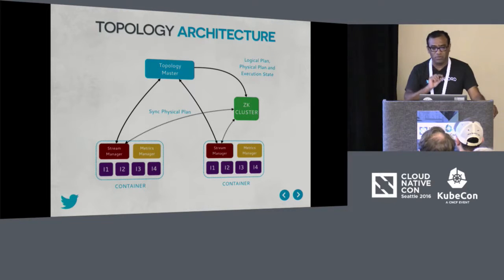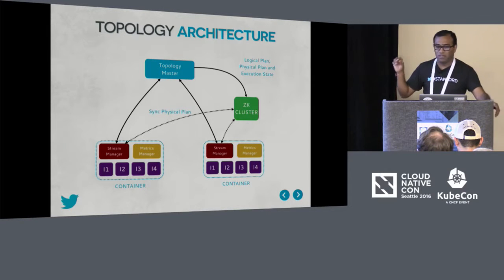For example, a parse tweet bolt, word count bolts and all the various bolts are individual tasks, each running as a single process. There is a huge distinction between Storm and Heron here. Storm used to run all these individual tasks as threads within the context of a single worker process, and that led to a lot of issues.